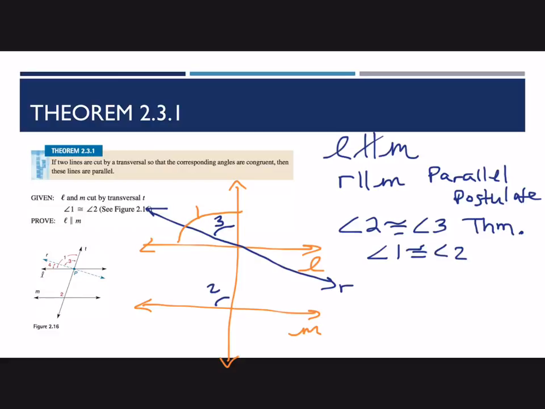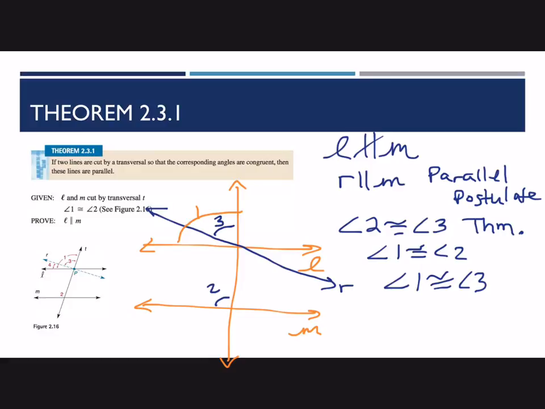We also know that 2 and 3 are congruent. Since congruence has a transitive property, then since 1 is congruent to 2 and 2 is congruent to 3, we can now assume that 1 is congruent to 3. That's the transitive property.